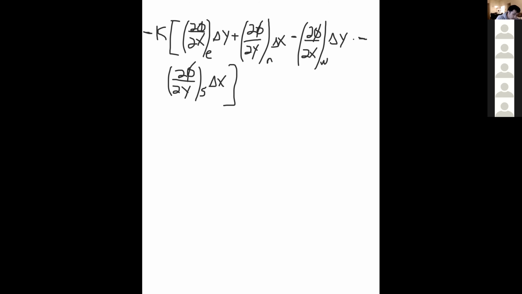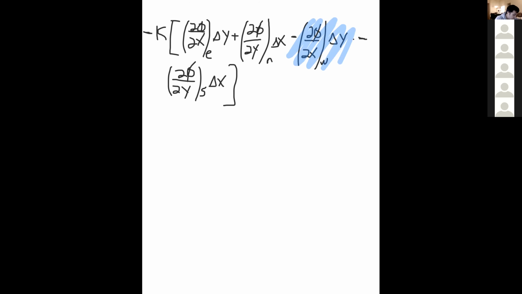Okay. And so for this Dirichlet boundary condition, we know that the only integral that's going to be affected is the west one. So it's only going to be this guy. And let's replace it with something that reflects the Dirichlet boundary condition. Before, we replaced this integral with phi sub c minus phi sub w divided by delta x.